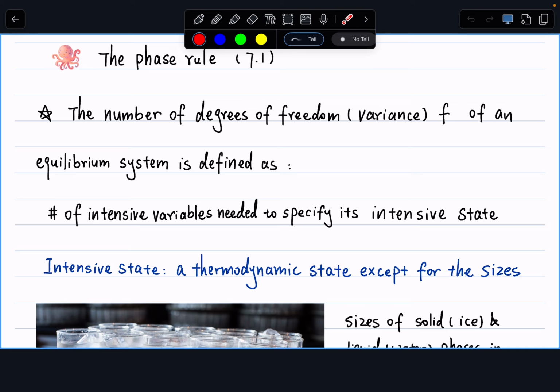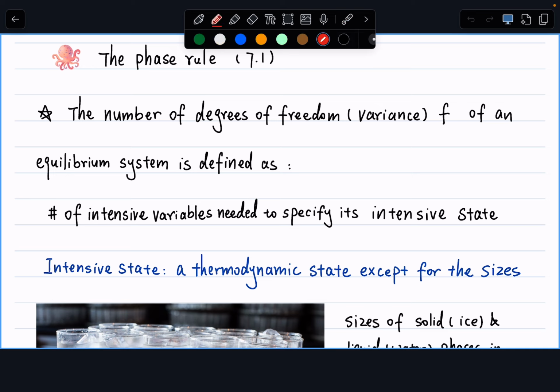Like what we always do, we start from the definition. We go over the derivation of how to calculate the degrees of freedom. Then we discuss the physical meaning of the degrees of freedom and then see examples of how we use it. All right, so getting started, looking at what it means.